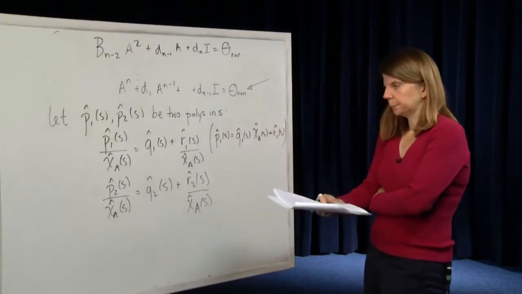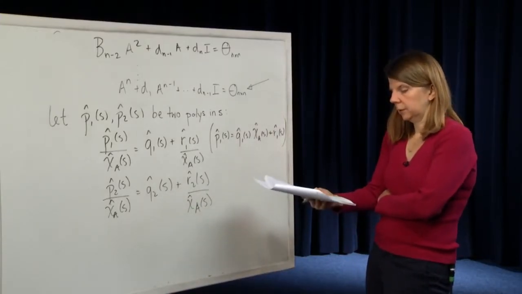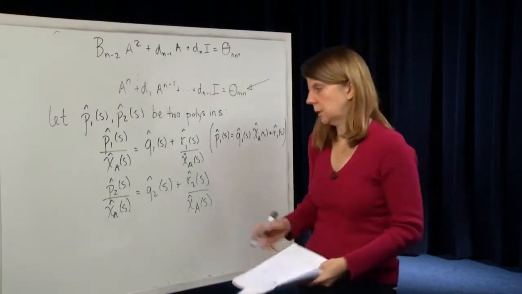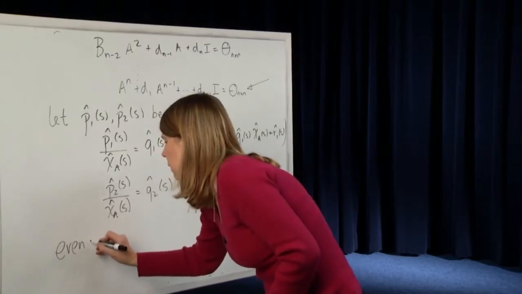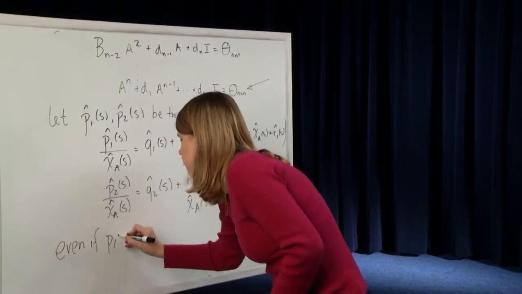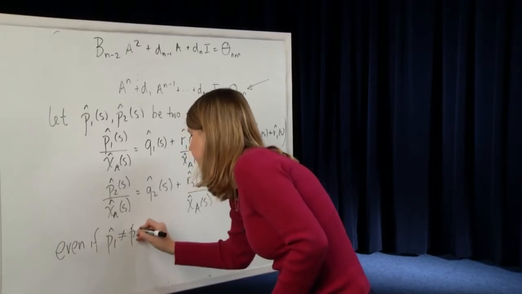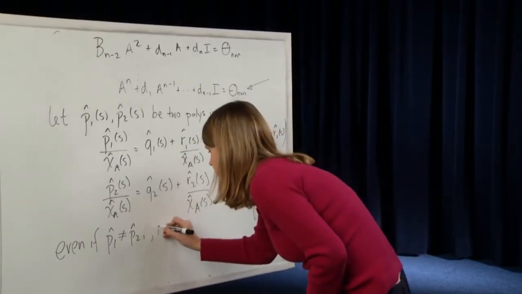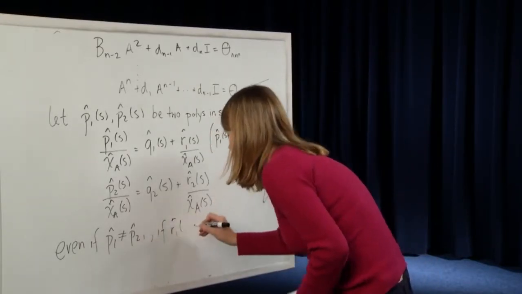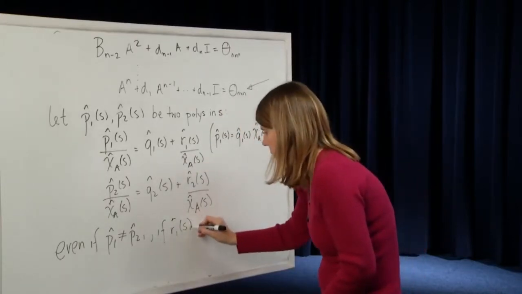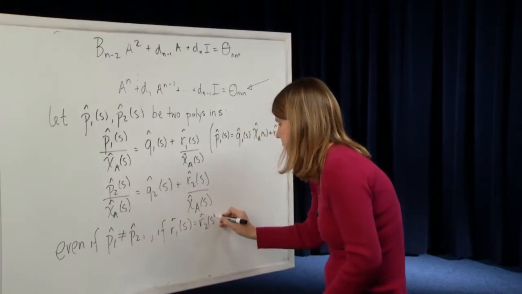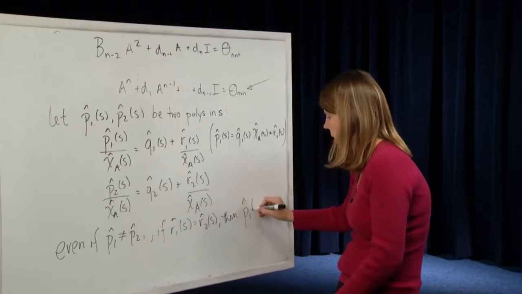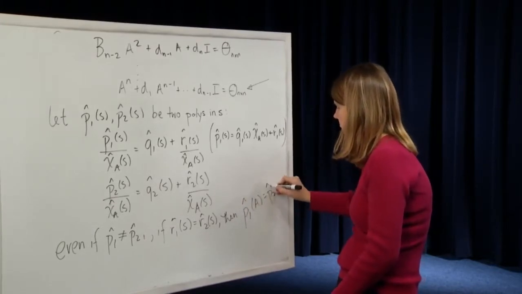Okay, so as a result of Cayley-Hamilton, even if those two polynomials are not equal to each other, so even if P1 is not equal to P2, if the remainders are the same, if R1 hat of s is equal to R2 hat of s, then P1 hat of A is equal to P2 hat of A.